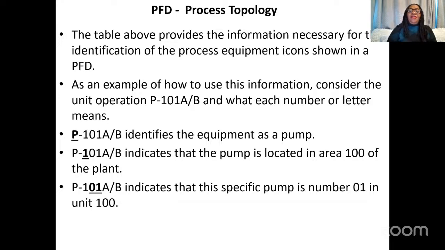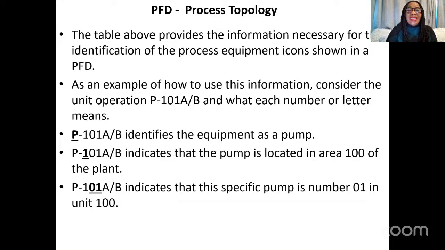So in that general format, where we had XX, YZZ, A/B, here we have in place of XX, that is P, in place of YZZ, which is 101, then the A/B still stands. So P in that format identifies the equipment as a pump.